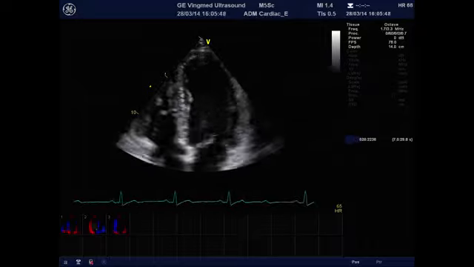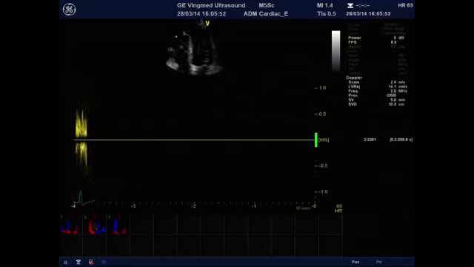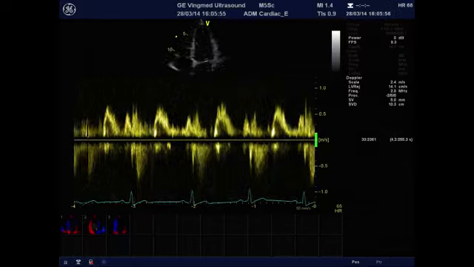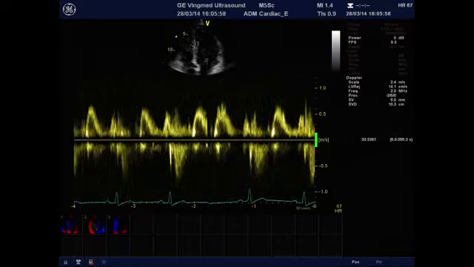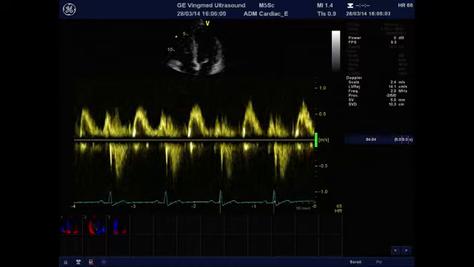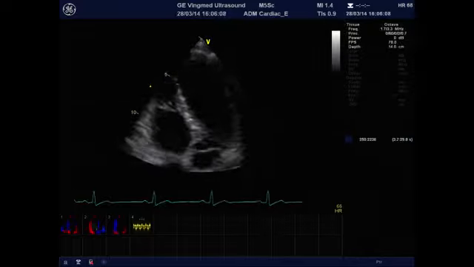It doesn't need to be particularly nice or good quality. The only thing what I need here is the closing and opening artifact of the valve. The second acquisition for timing is the aortic valve.